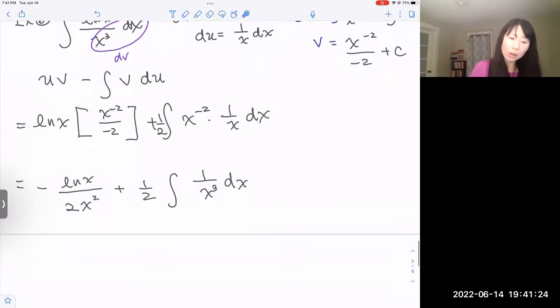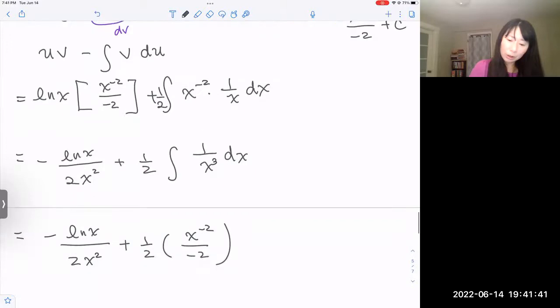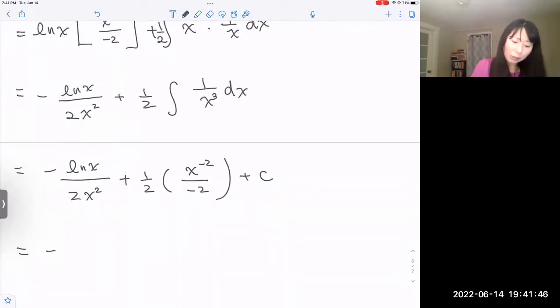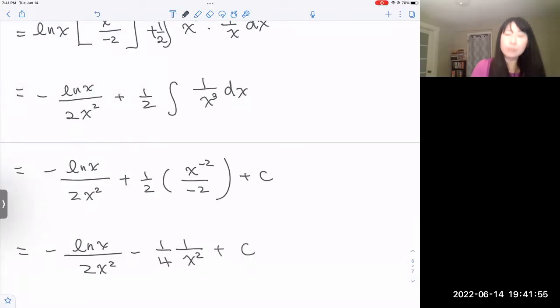So we can use that. This will be negative ln x over 2x squared plus 1/2. And we have x to the negative 2 over negative 2. Let's see. So this will be negative ln x over 2x squared minus 1 over 4, 1 over x squared plus c. Okay.